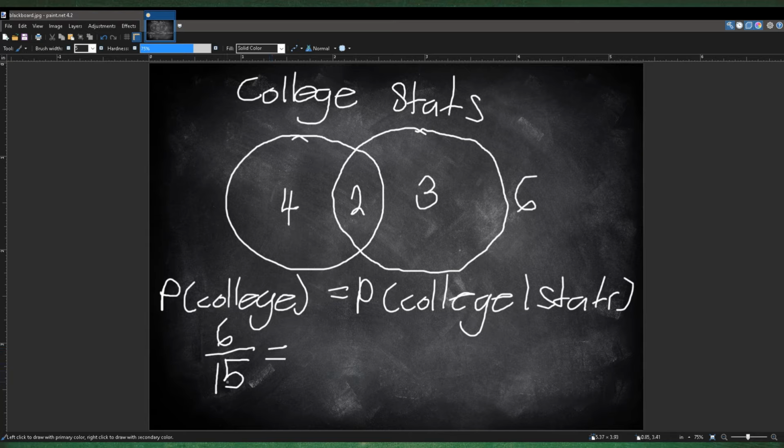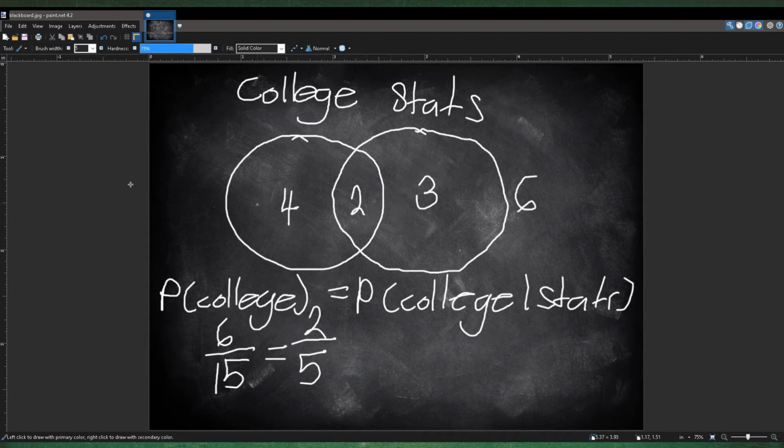Okay? So what's the probability that you are in college given that you're taking stats? If you're taking stats, there's only this circle. So it's out of 5. What's the probability that you're taking college? Well, out of the 5 people, only these 2 are in college because these 3 are just taking stats, not college. And that's what this overlap is.